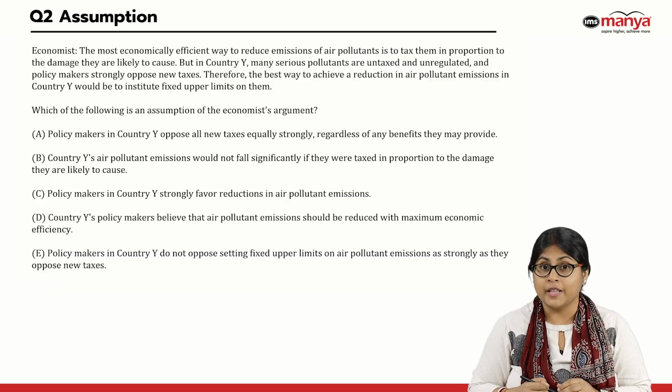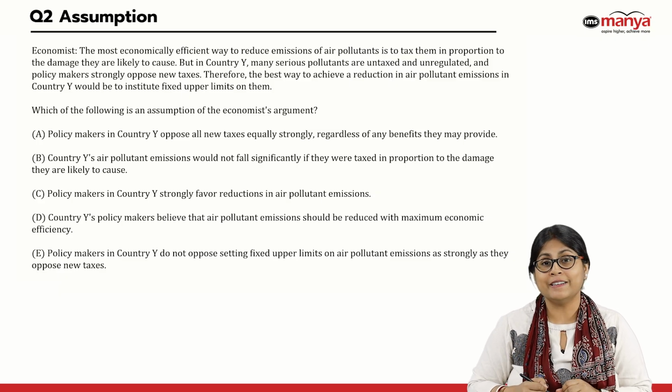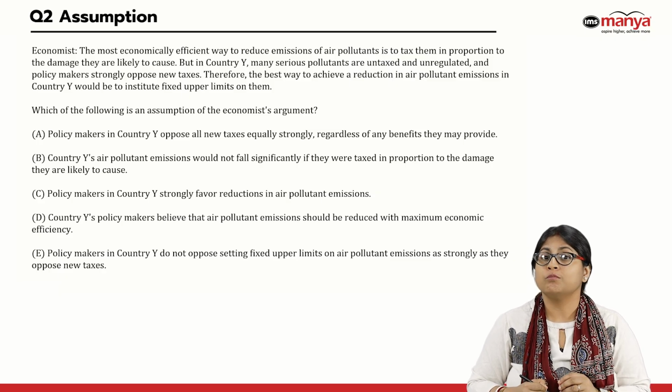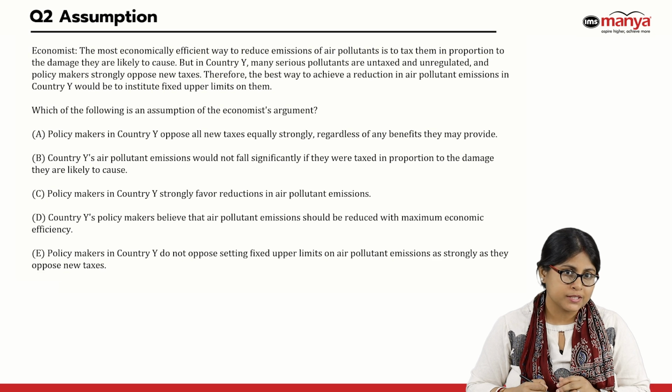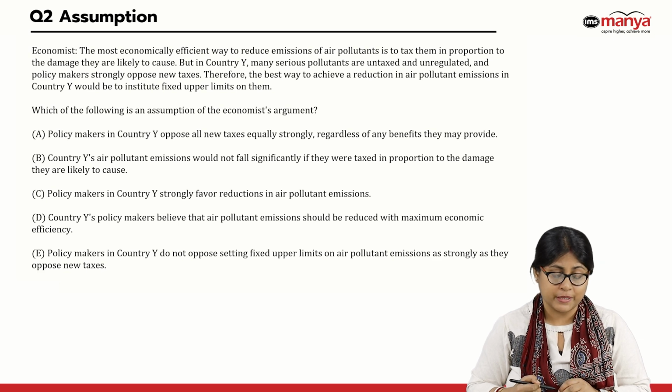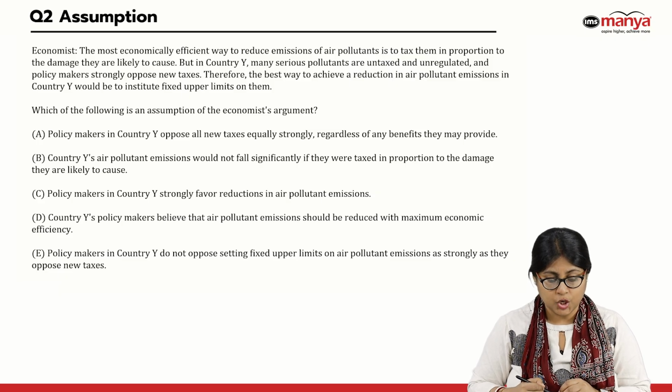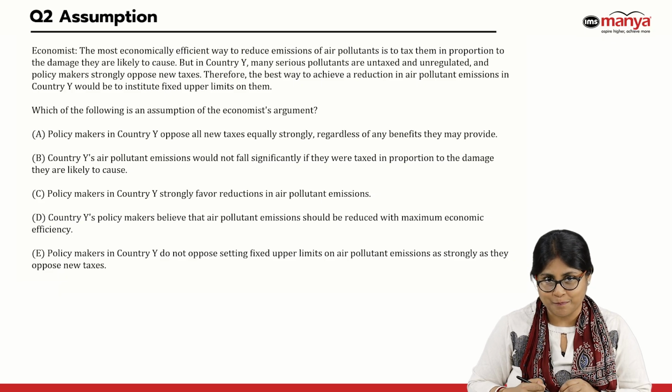Therefore is clearly an indicator of conclusion. So let's see the conclusion. Since the best way, taxing, would not be possible, what is the best way now? The best way to achieve a reduction in air pollutant emission in country Y would be to institute fixed upper limits on them.